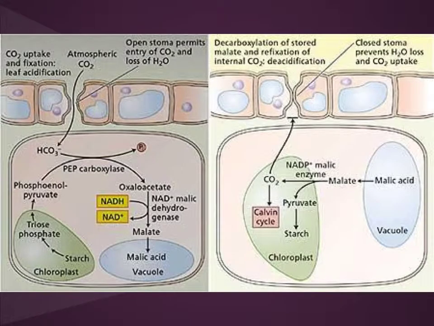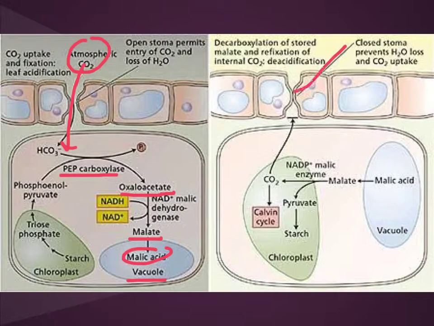Here's another diagram of CAM photosynthesis. We see carbon dioxide entering in through the stomata. It is entering into our mesophyll cell, where again PEP carboxylase turns our carbon dioxide into oxaloacetate, and then into malate and malic acid, where it's stored in a vacuole. This is happening, of course, at night when the stomata are open.